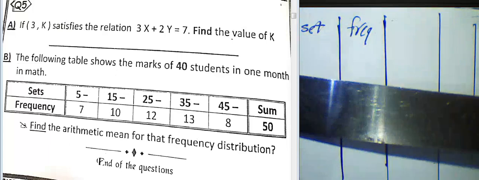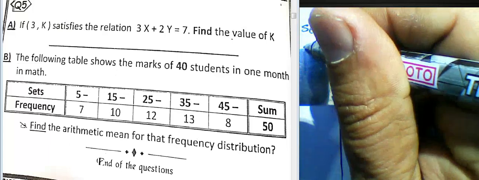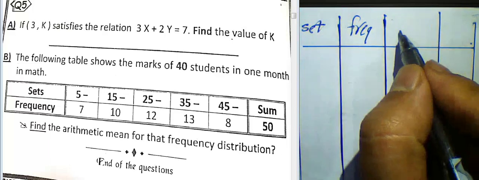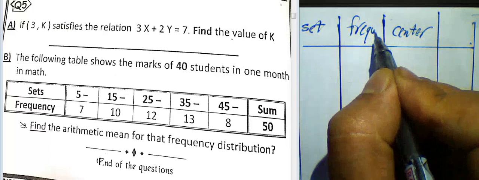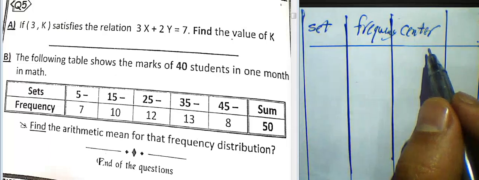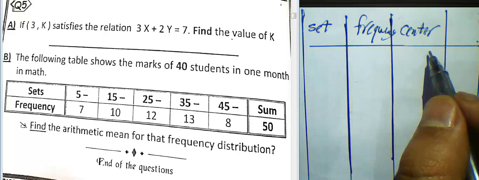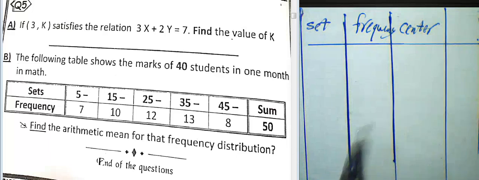We can write the center behind the set or at the end, as you like. And we can write here the multiplication of frequency and center.